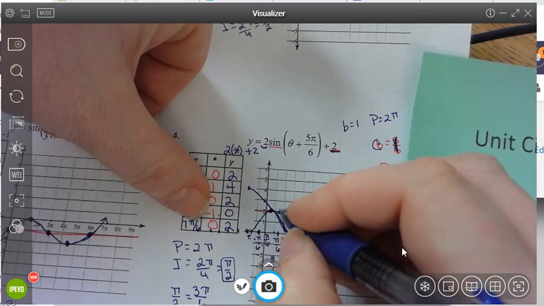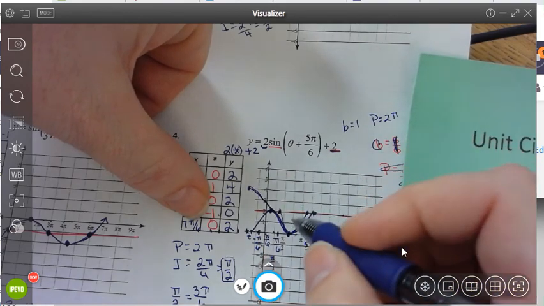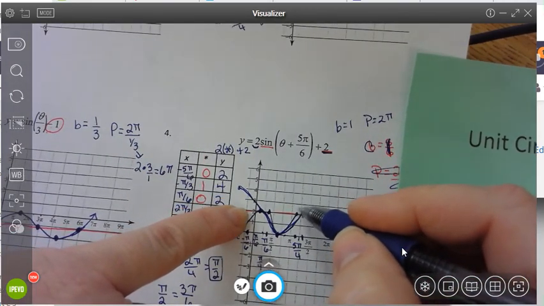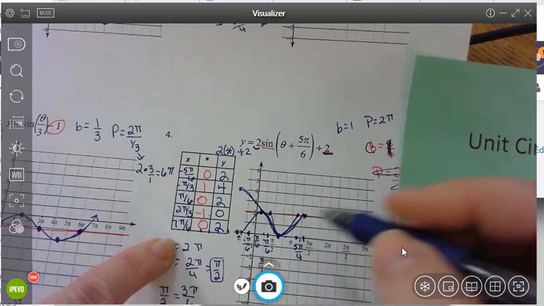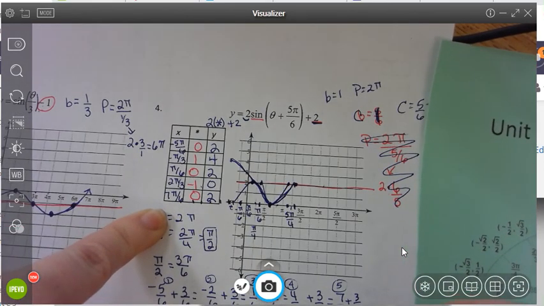This is a terrible situation because I can't see my whole graph. I don't like this. Okay, so if I did another one, plus 3 over 6 is 10 over 6, which is the same as 5/3.